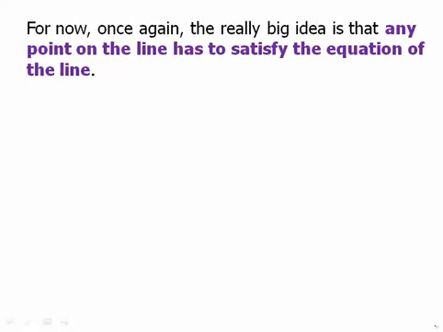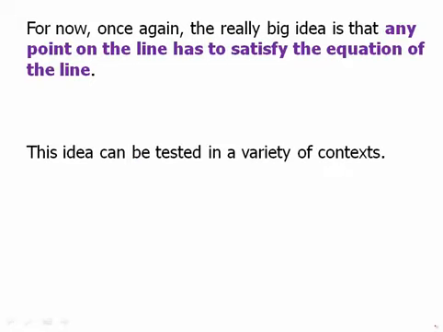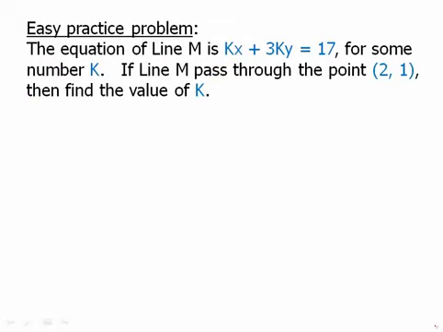For now, once again, the really big idea is that any point on the line has to satisfy the equation of the line. This idea can be tested in a variety of contexts. So here's a relatively easy practice problem. Pause the video and then we'll talk about this. Okay. We're given the equation of the line, and the equation of the line has the variable k in it.